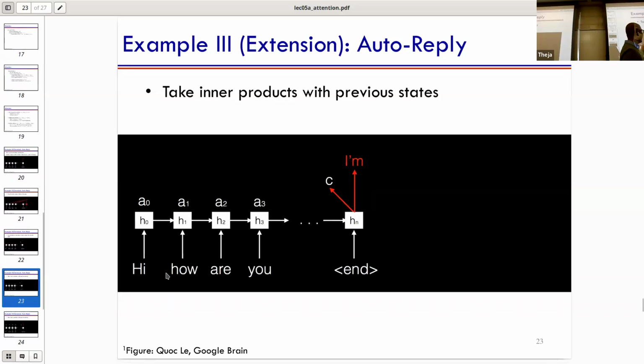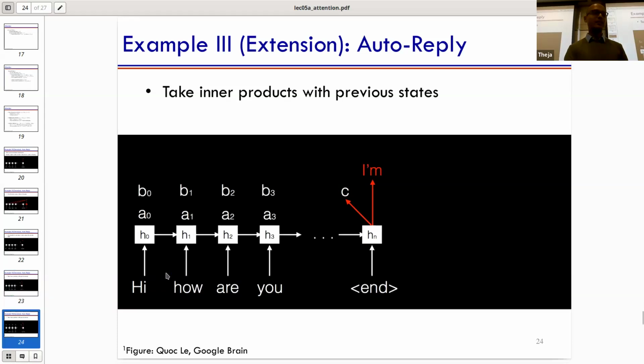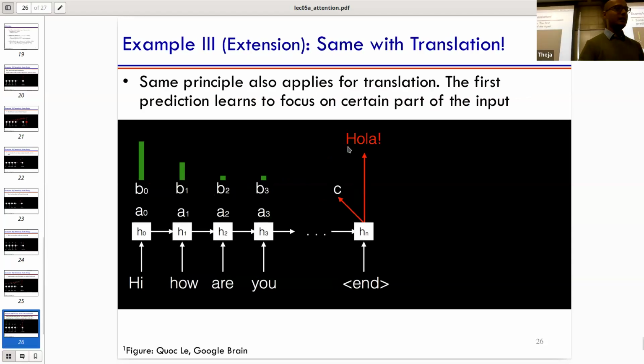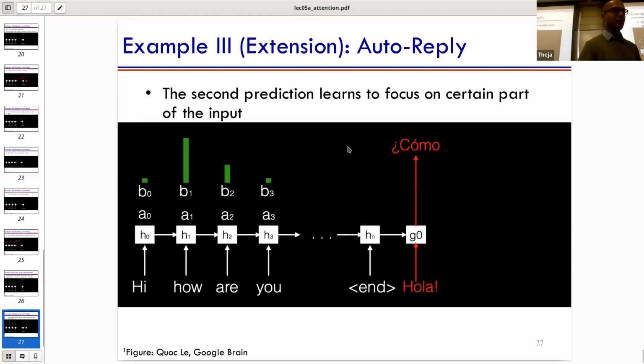So these are the same A's. Then you can do a scaled version of it, which is the softmax version, which is the B's. Then you can sum them up, which is the weighted averaging. Then you can use that and the hidden vector to create the final word. So this is just the same illustration as before, so let me not spend too much time on that.